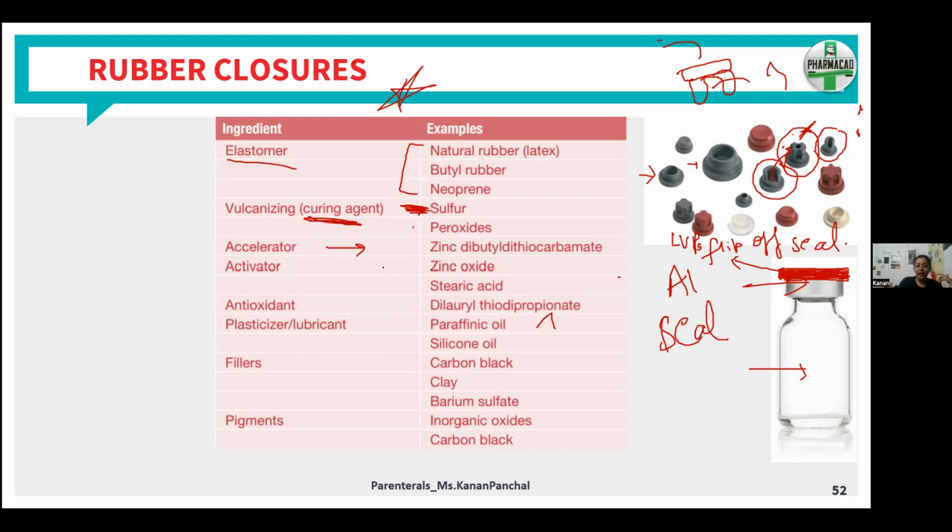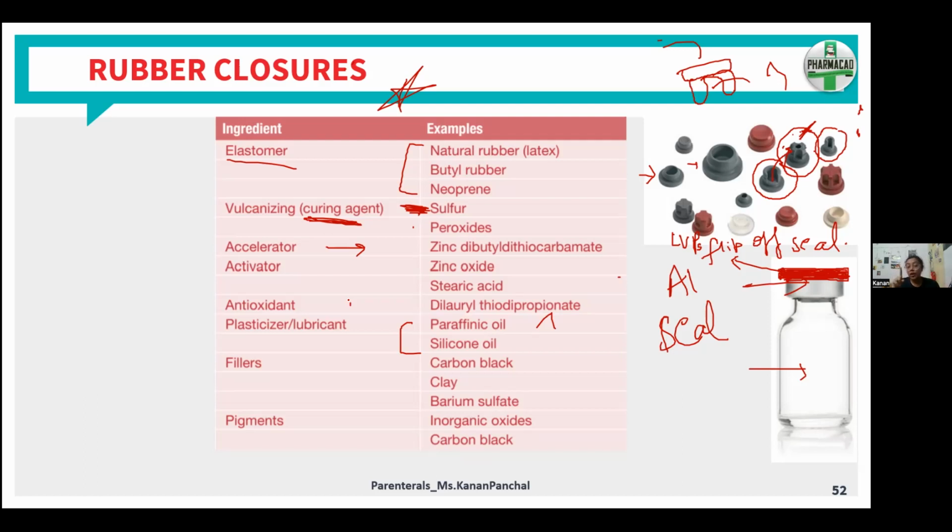Then you have activators, antioxidants, all right, because all of these can undergo oxidation. You need to have some antioxidant. Plasticizer and lubricant you have because you need the stoppers to move easily from the filling line. For the easy movement of stoppers, you have a coating of paraffinic oil or silicone oil.